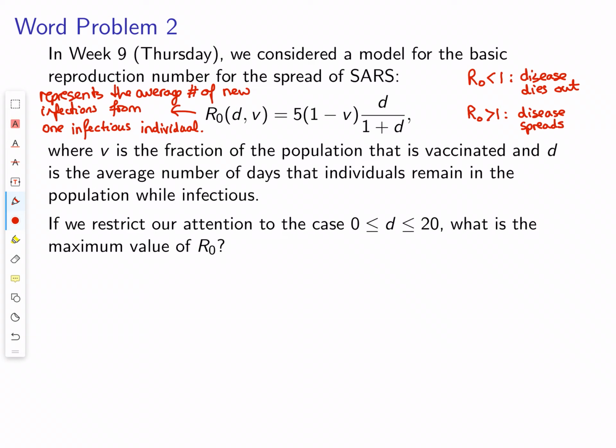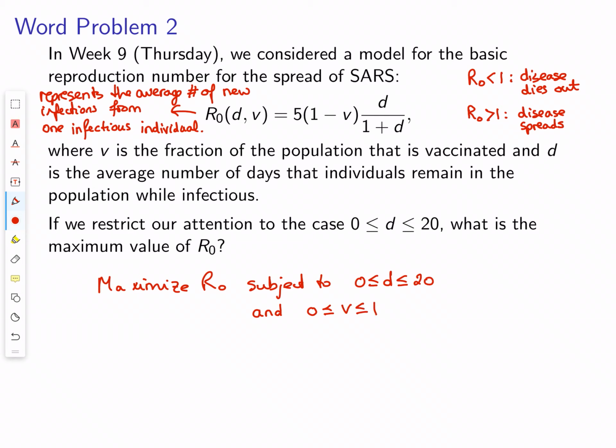Mathematically, we want to maximize R naught subject to the explicitly stated constraint that D has to be between 0 and 20, but there is an implicit constraint as well that has to do with V. Because V is a fraction of the population, it has to be between 0 and 1.